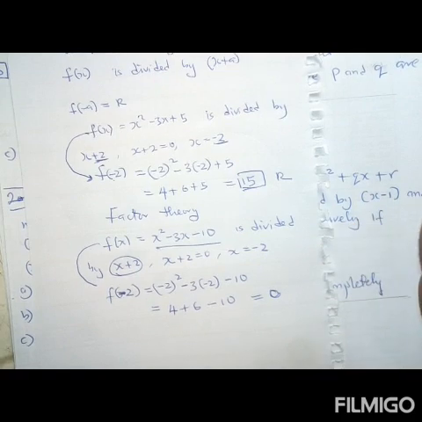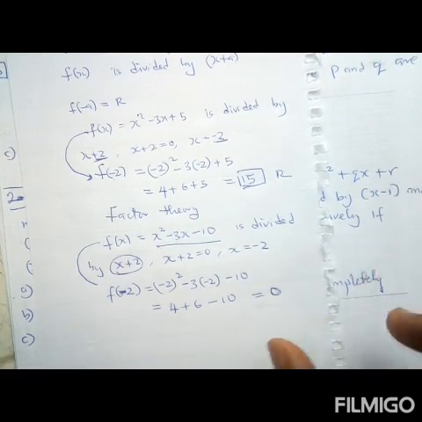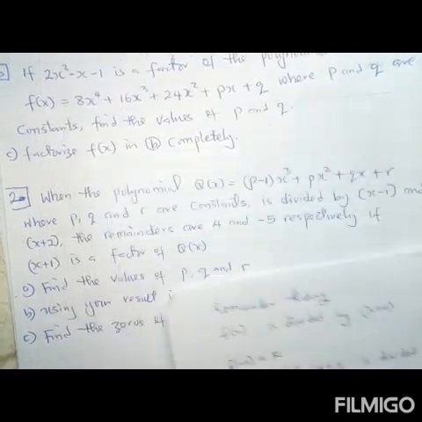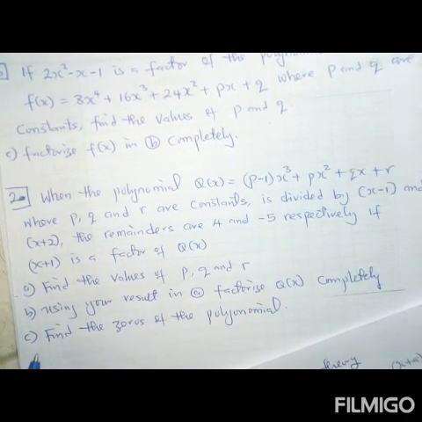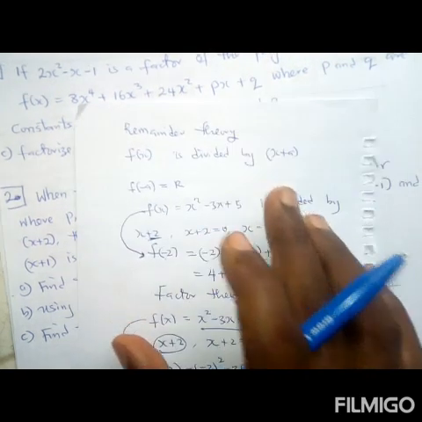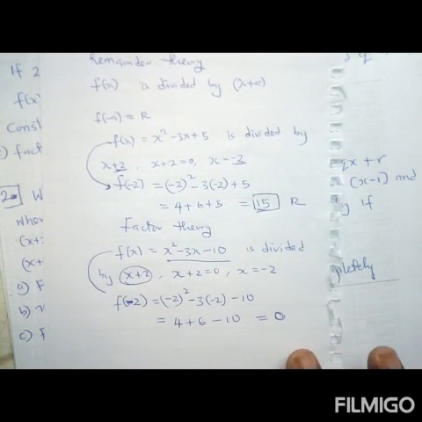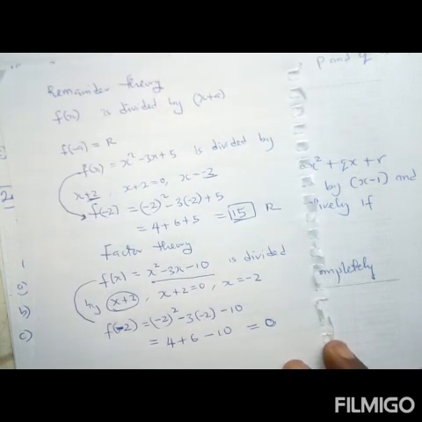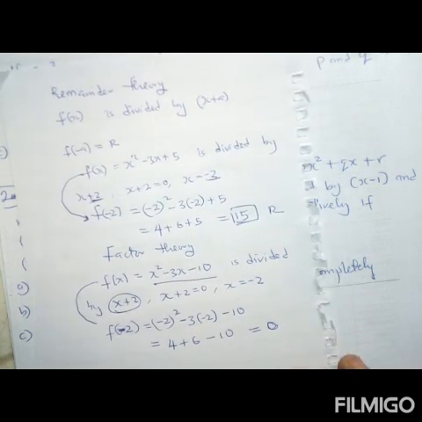So these are the two theorems you need to know if you must venture into solving these two questions. Now this video is going to be 2 because I just used a lot of time explaining the concept of remainder and factor theorem.